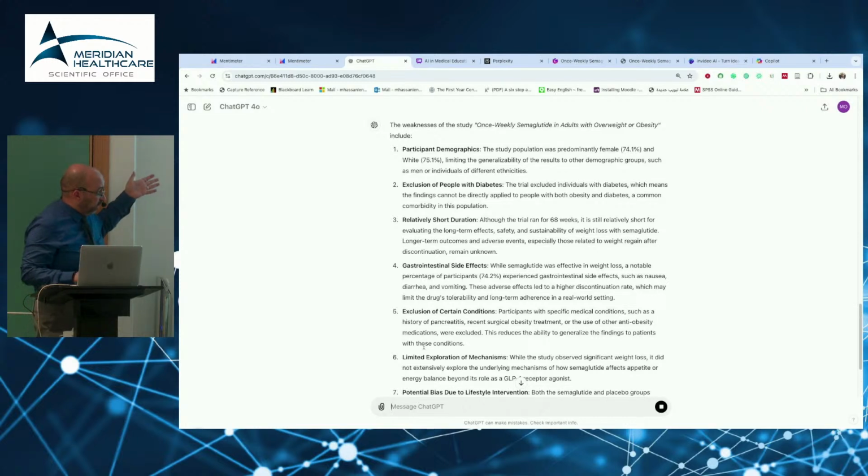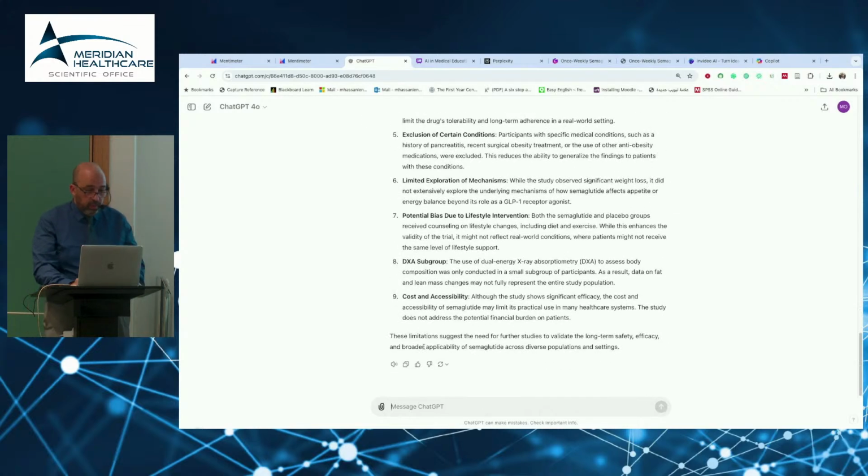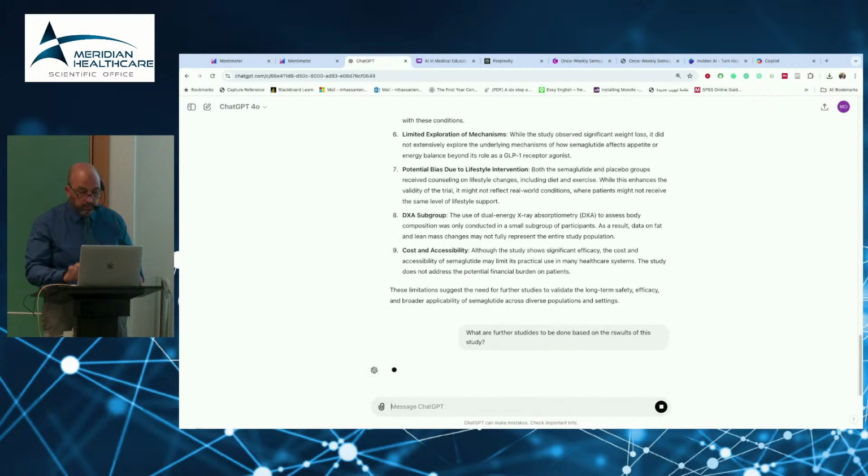If I am an expert in this area, I can verify whether this is correct or not. Then, what further studies are to be done based on the results of this study? So we are discussing with it.